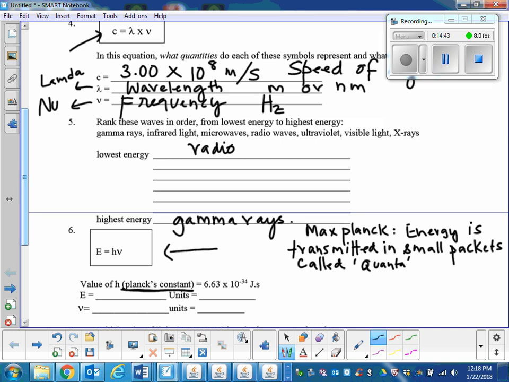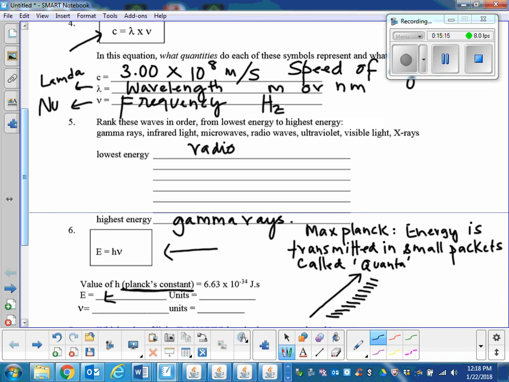What do we think? We think the energy is transmitted continuously. We think there is no gap in the transmission of energy. But is energy actually transmitted like this? No. It's in the form of discrete packets called quanta. That's how energy increases. So small packets of energy are transmitted. That's the contribution of Max Planck, and that's where Planck's constant comes from.